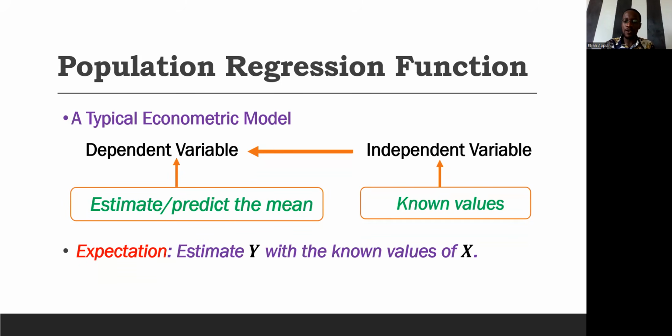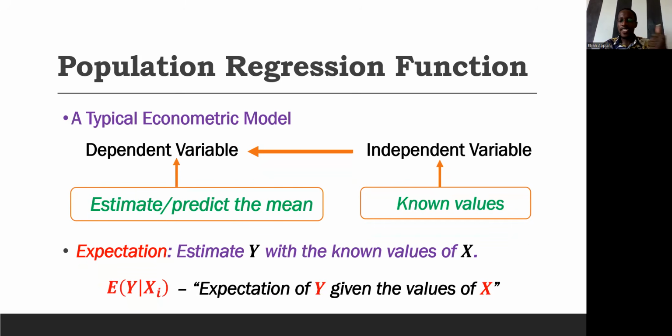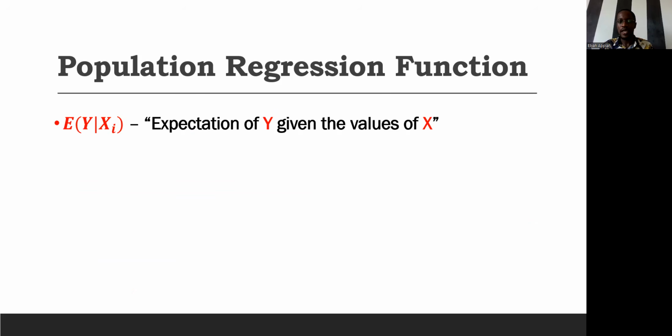That is expectation. So we can state it in functional form as this: the expected value of y given the values of x. And this expectation of y given the values of x, we are saying is functionally related to x. So it could be a linear function, it could be a non-linear function, but there is a relationship between the expectation of y and the values of x. That is why we state the econometric model.